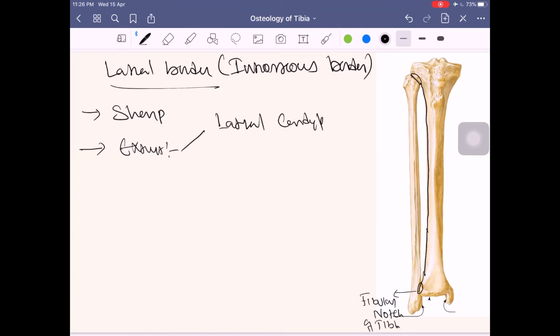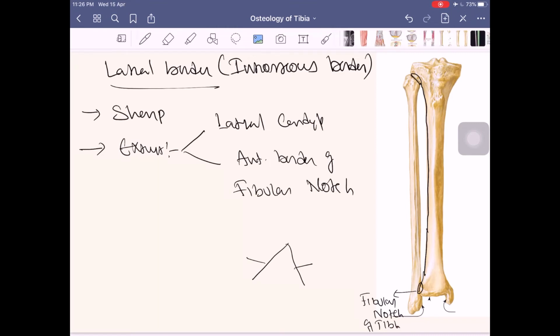It's a triangular notch like this. This we call the anterior border, and this the posterior border.